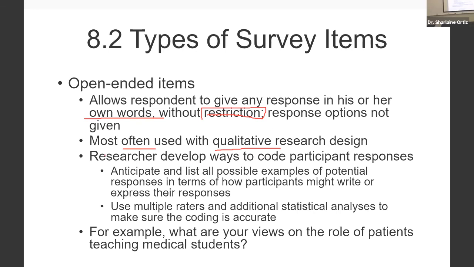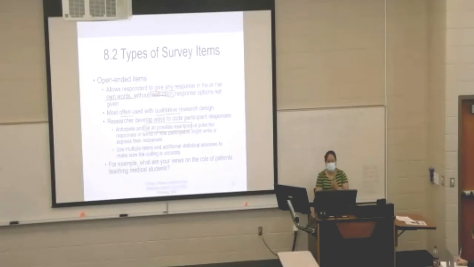Now, when you are conducting qualitative research, you should beforehand anticipate and list all of the possible responses, all of the possible examples of how you think that person is going to respond. Either write them or express them. As the researcher conducting a qualitative survey with open-ended questions, you have to foresee and have a general idea of what the answers are going to be.